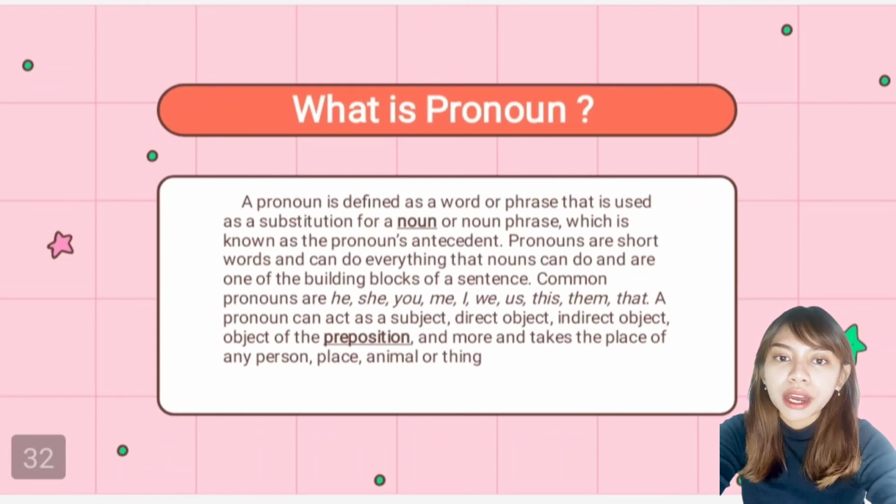Common pronouns are like he, she, you, me, I, we, and else. A pronoun can act as a subject, direct object, indirect object, object of the preposition, and more, and takes the place of any person, place, animal, or thing.